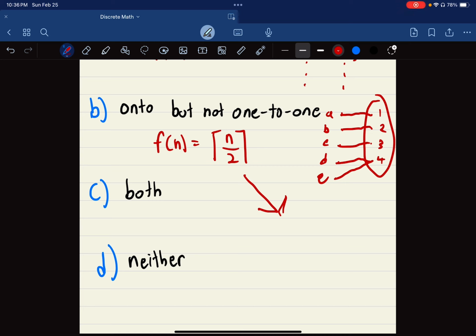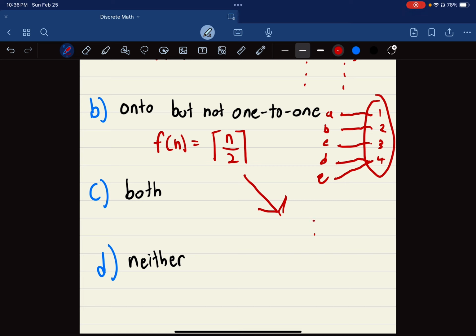You have the n that's being divided by 2. That part doesn't make it onto, but if you have a ceil, that part now makes it onto. So I'll explain how that is.